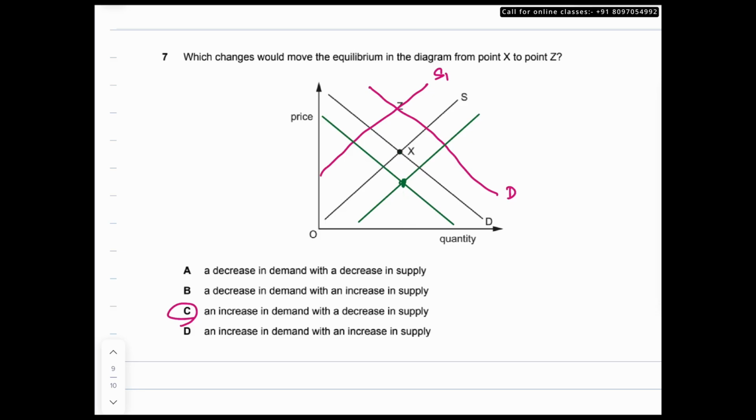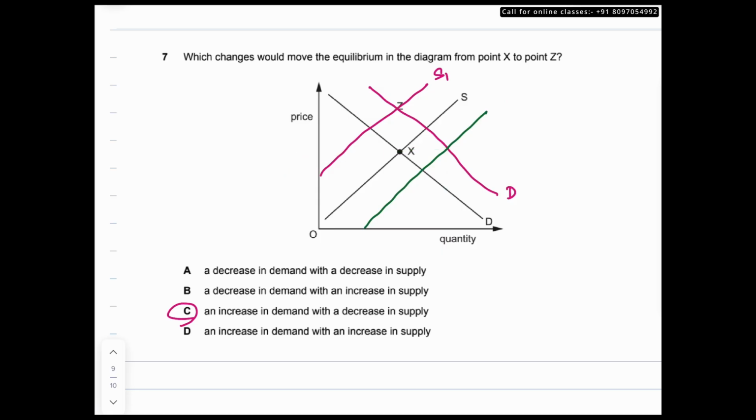So again, option B is not the correct one. And finally, option D, an increase in demand with an increase in supply. So we do have an increase in demand already, but an increase in supply would be something like this. So in this case, this is where the quantity is and this is where the price is. So there's no change in price. We did want to see an increase in price at equilibrium point Z. So no, D also is not the correct answer.